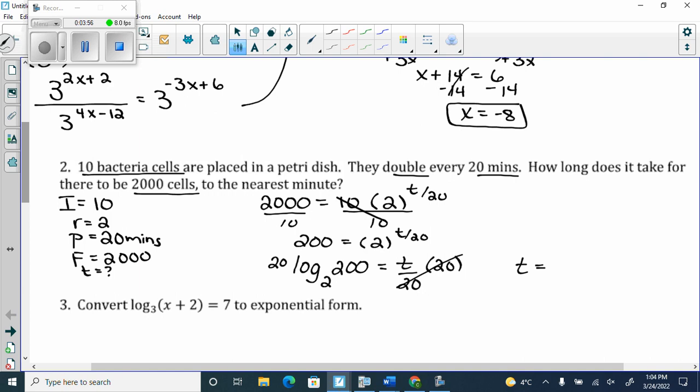If you're typing into your calculator for the old ones, you're going to go log 200 divided by log 2. Or you can use the log base button. So we're going to go 20 log base 2 of 200, which is 153 minutes.